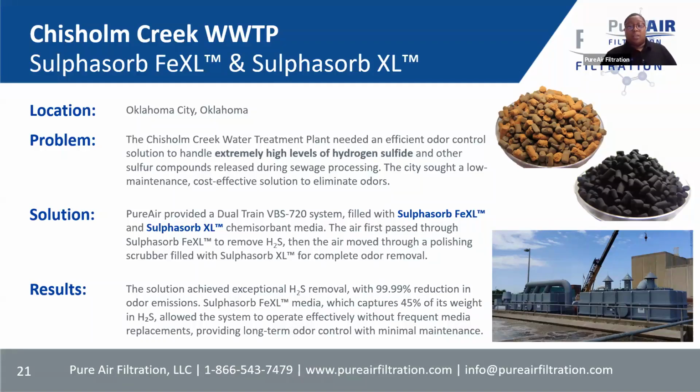Then we used the self-absorbed XL in the later stages of the odor control system, and that allows for a complete removal of H₂S. The end result was a 99.99% reduction in odor emissions and allowed the system to operate effectively without frequent media replacements. So we ended up not only solving their odor control issue, but also saving the customer money in the long run.